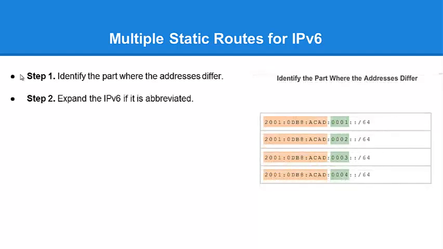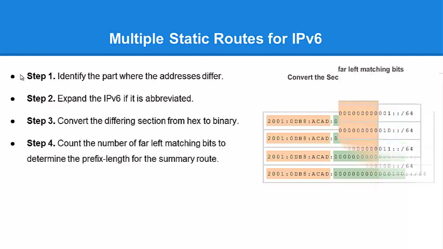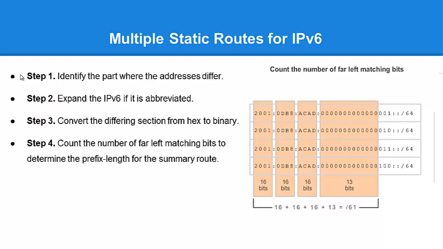The second step is to expand the IPv6 address if it is abbreviated. Step 3 is to convert the different section from hexadecimal to binary format. Step 4 is to count the number of far left matching bits in order to determine the prefix length for the summary route.